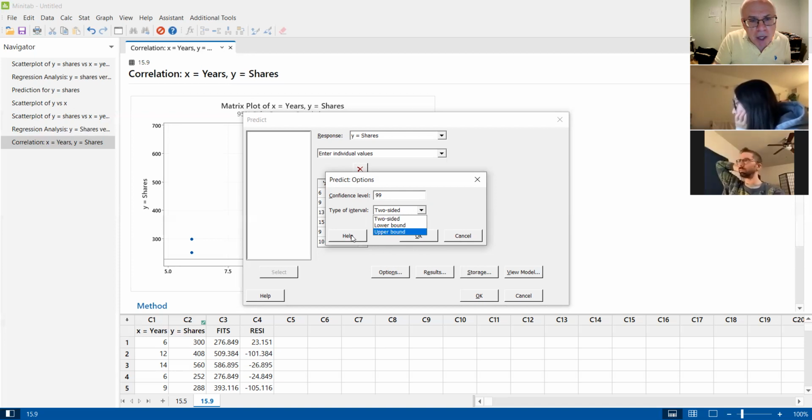You type in help, by the way, it'll help you with what to put in. It'll actually take you to the internet. But it doesn't tell you what to do. It doesn't tell you whether you should put 0.99 or put in 99.